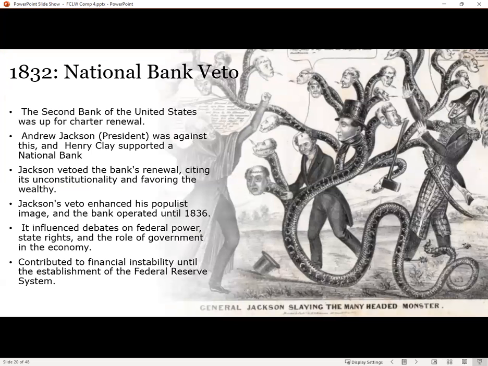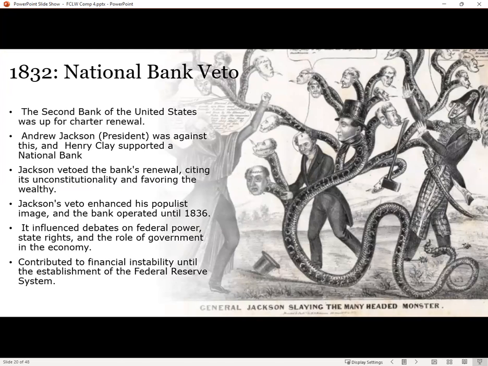The National Bank veto, this is just showing that in the National Bank, you already see there's some question marks: should or shouldn't we have a bank? It's probably not written in the Constitution that the federal government can have a bank. And so Jackson thought it was unconstitutional, even though you saw it was determined not to be unconstitutional.